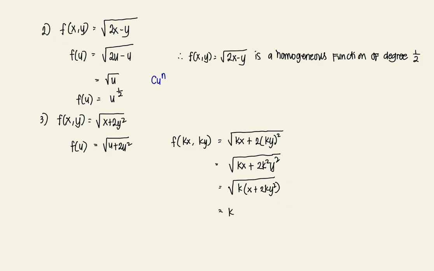And so we'll have square root of k, or k raised to the power of 1/2, square root of x plus 2k y squared. So since we are not able to write it in the form, remember, f of kx, ky is equal to k to the power of n f of xy, k is not totally isolated because we still have k here under the radical sign.